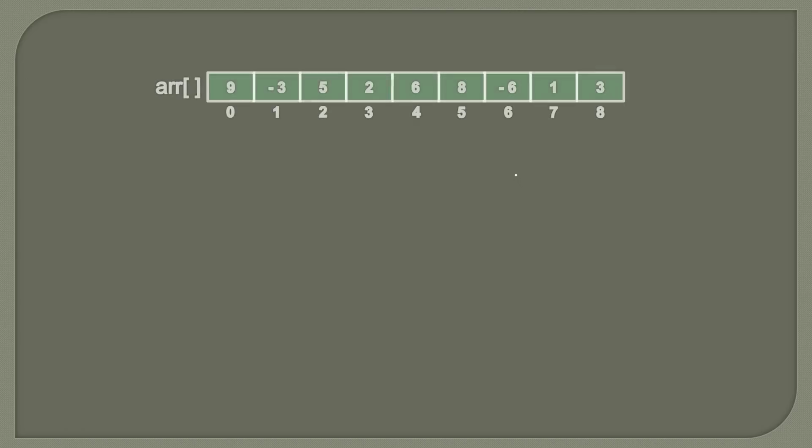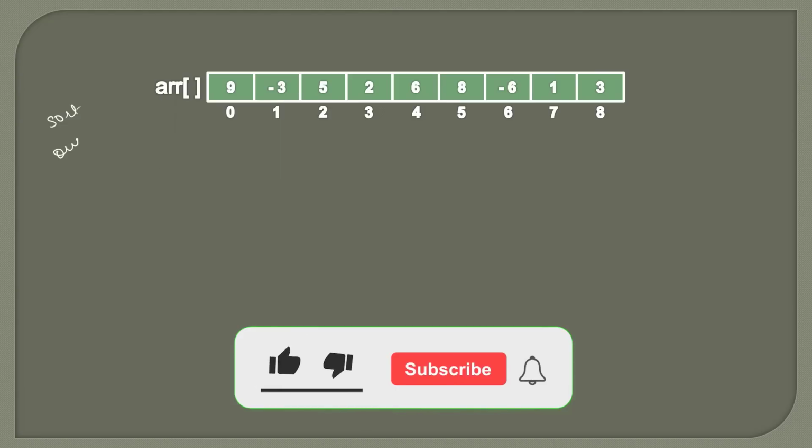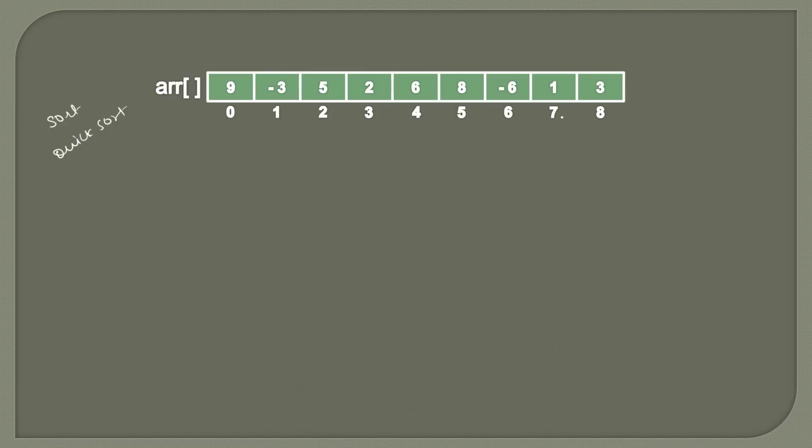So here let's suppose we are given this array and we want to sort it using quicksort. As we discussed, the first thing we do is we take a pivot element. Now this pivot element can be the first element, any random element or the last element. We can take any element as pivot.